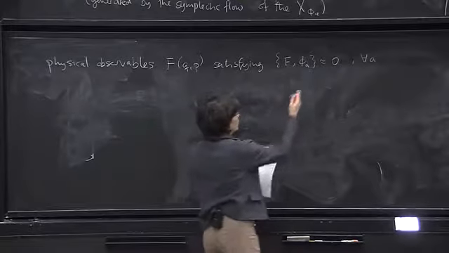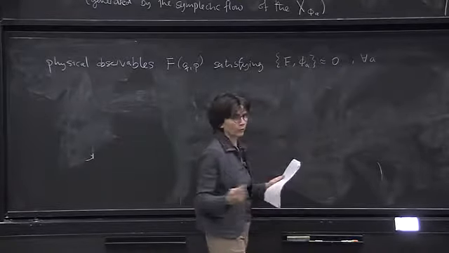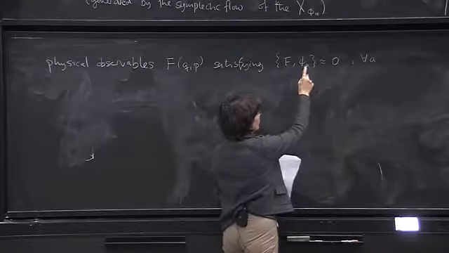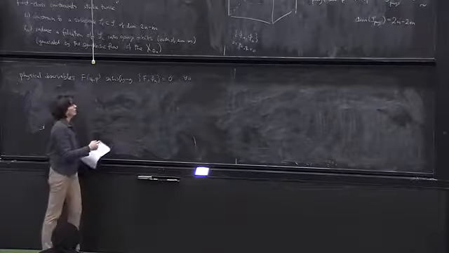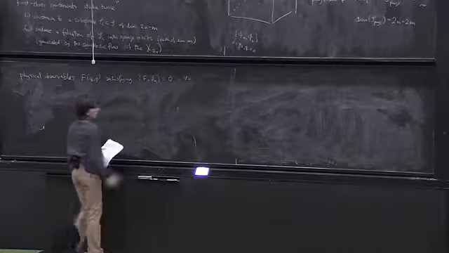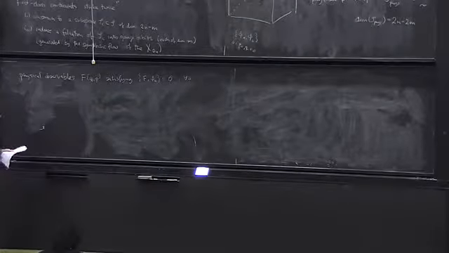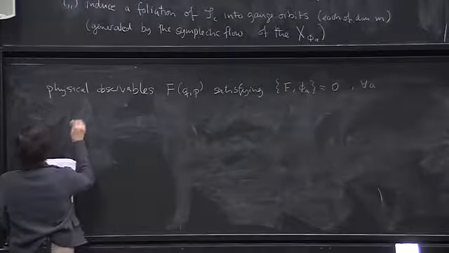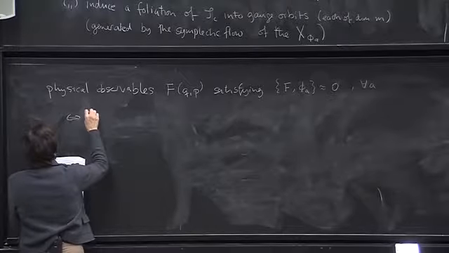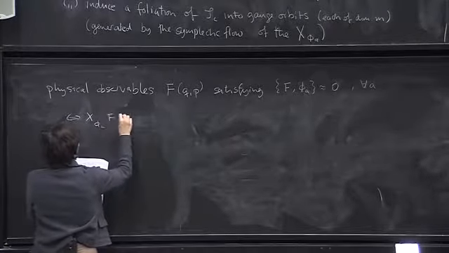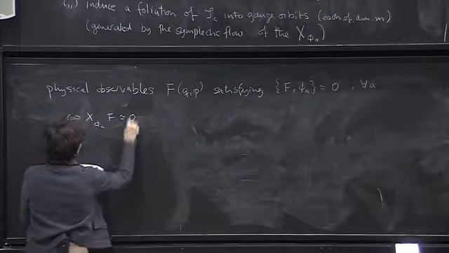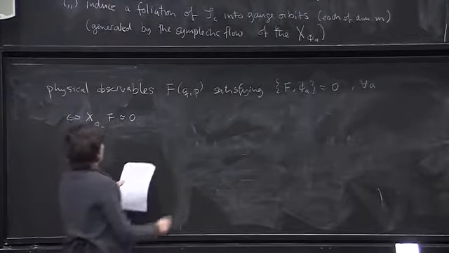Again, I can read this as: if I follow the flow lines of the Hamiltonian vector fields associated with these phi's, this F will stay constant. That's the same as saying F is constant along the gauge orbit.